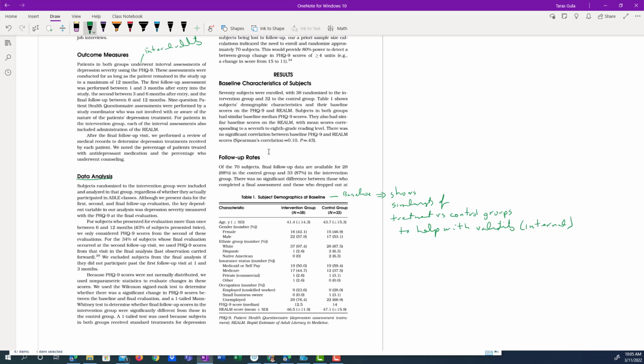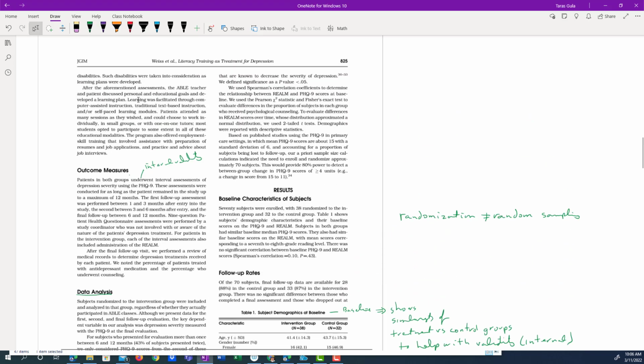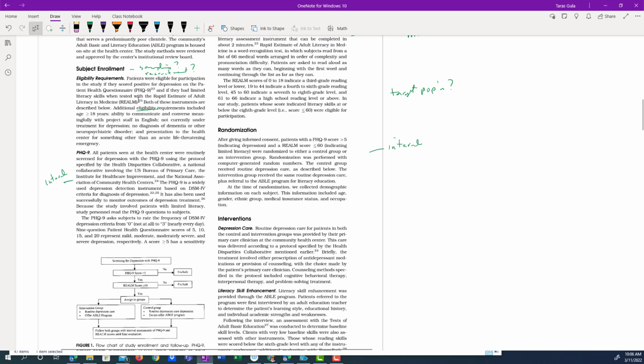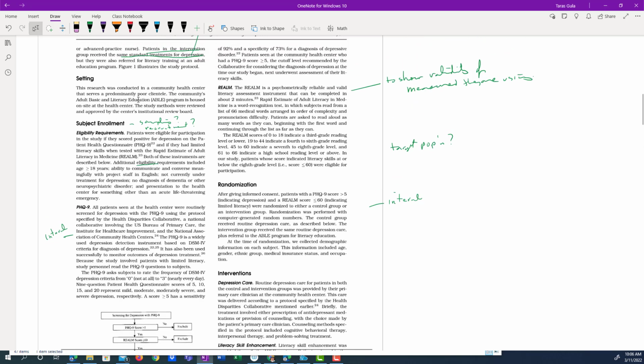The randomization, remember, so your fast thinking brain doesn't do this, does not equal random sampling. And I don't see any evidence of random sampling here. They didn't really discuss subject enrollment: a community health center, predominantly a poor clientele, adult basic literacy education programs housed on site at the health center.